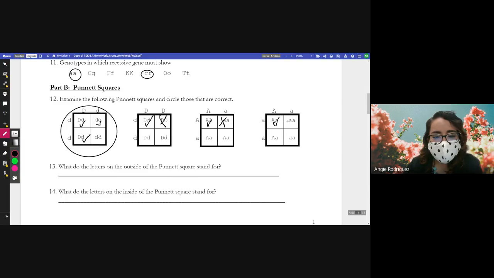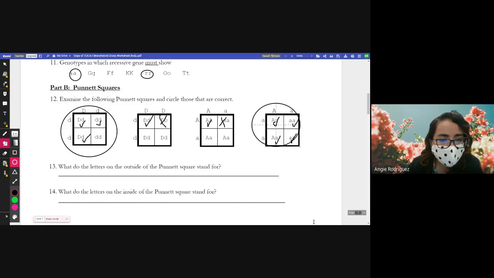Check. Little a, correct. Big A, correct. And little a, correct. So the whole thing's right, and I circle the whole thing. There we go.